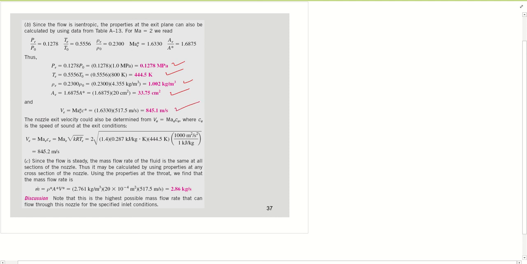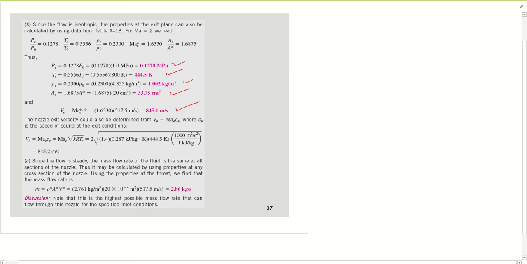For part C, you have to calculate the mass flow rate. You can find the mass flow rate at any location: at the inlet, at the throat, or at the exit.